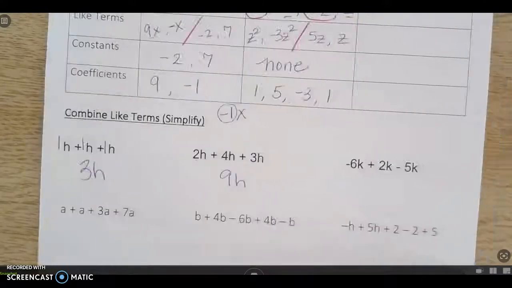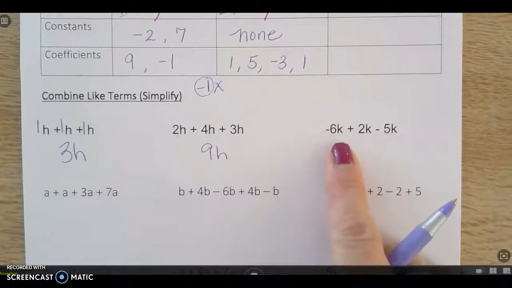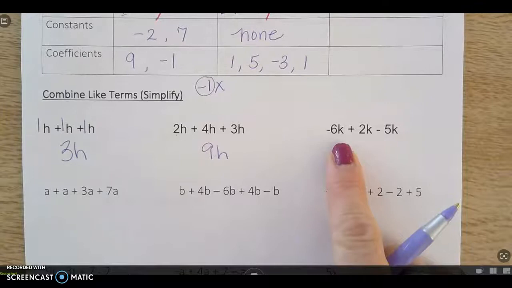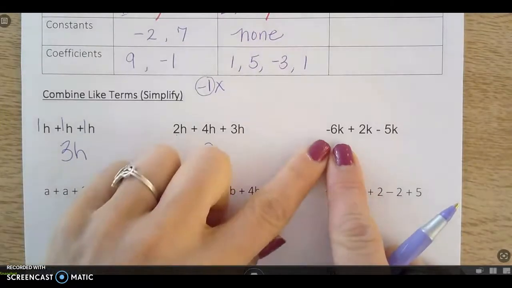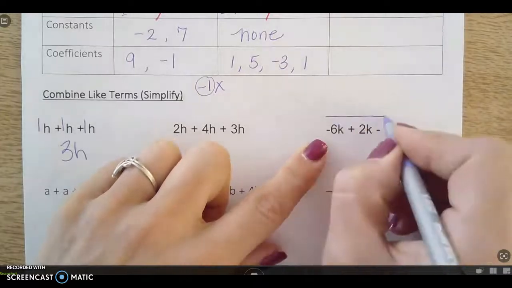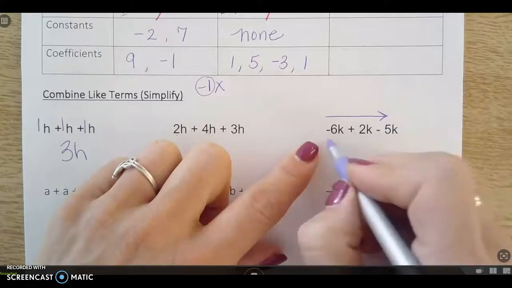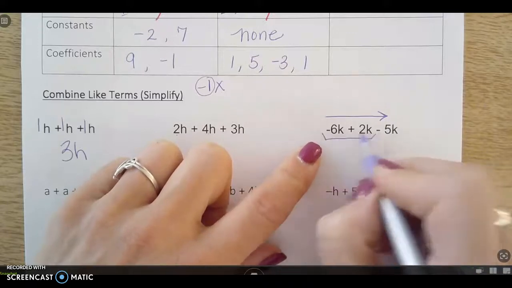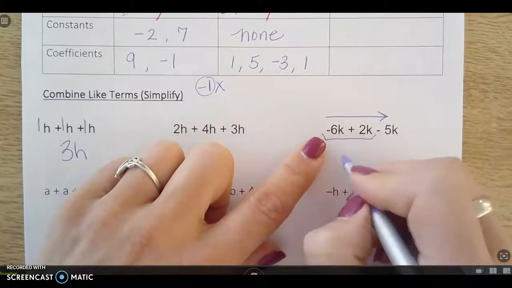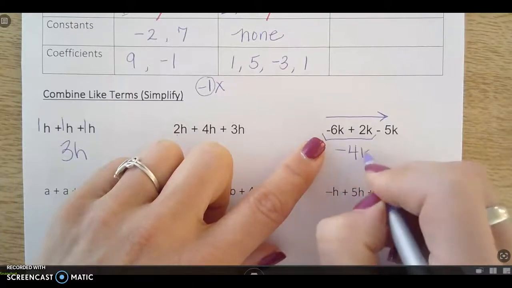Okay? Well, what if we have negatives? I just have to remember my rules from chapter 1 with integers, right, when we're dealing with negatives. And I can just go left to right. So -6 and +2, okay? Well, this would give me, I'm adding, signs are different. The negative is bigger.